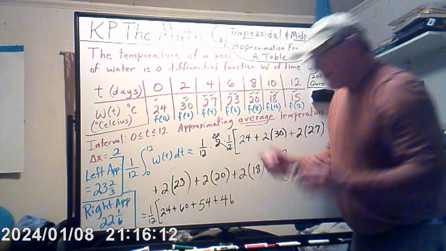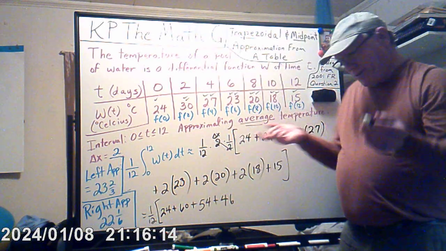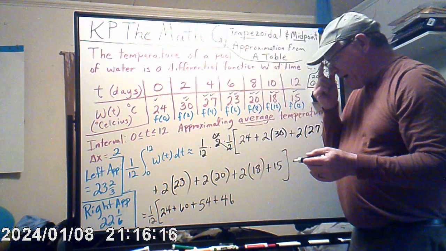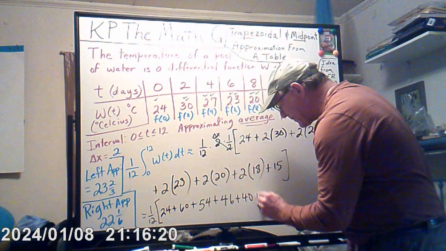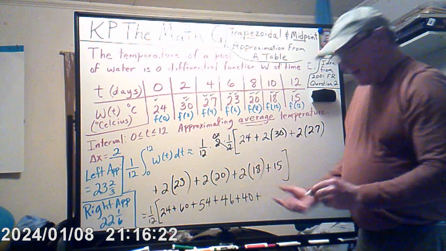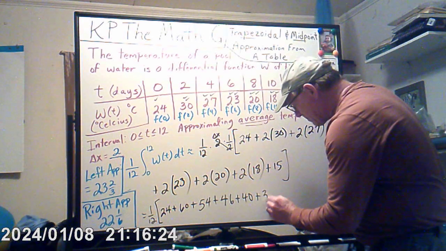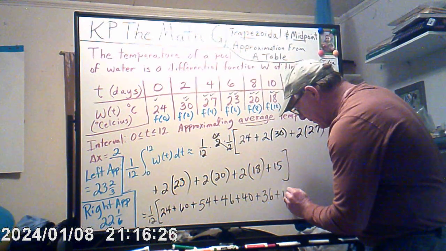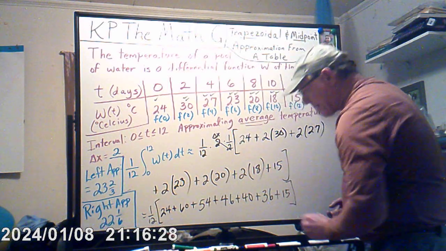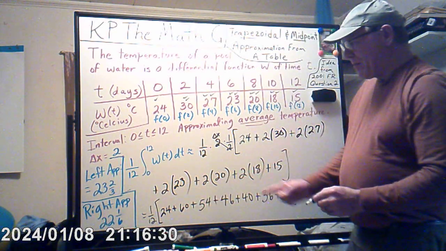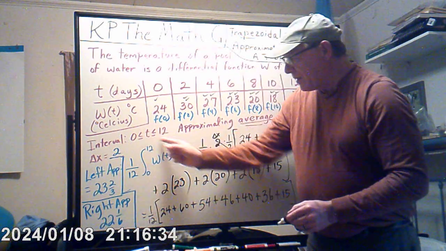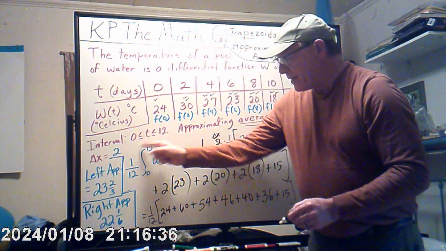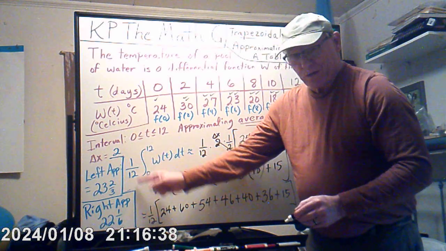You have to be very careful when you're doing this, you can use your calculator if you want. 2 times 20 is 40. That's easy enough. 2 times 18 is 36. And then plus 15. Okay, 1/12. Remember, that's because you're finding the average. So 1 over 12 minus 0 is 1 over 12.